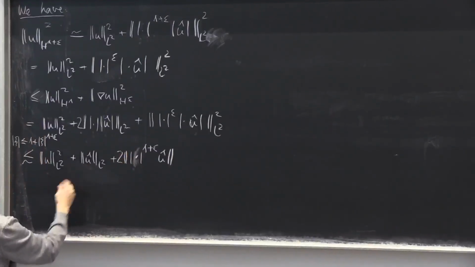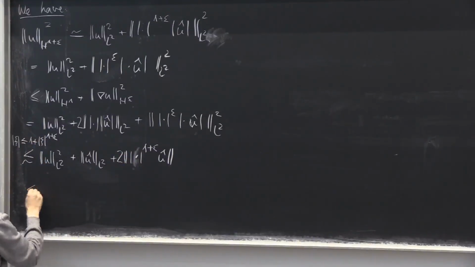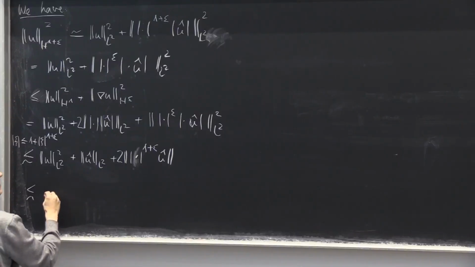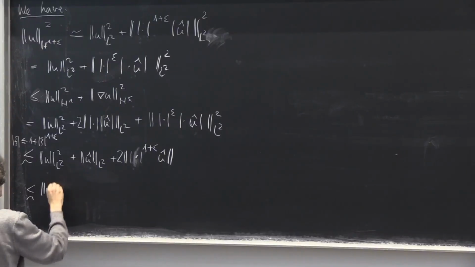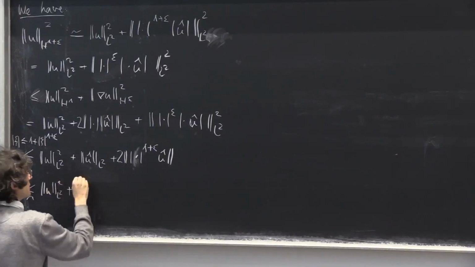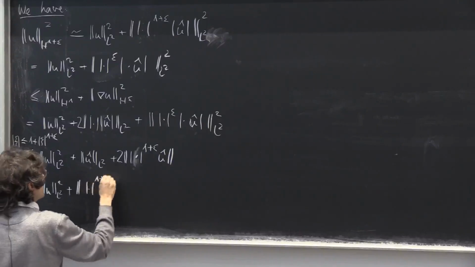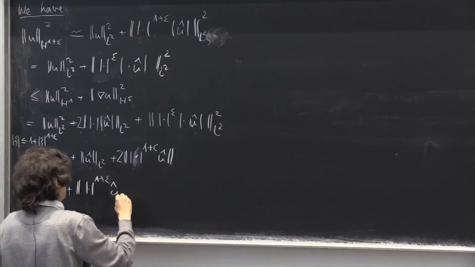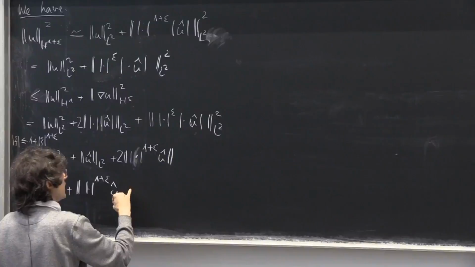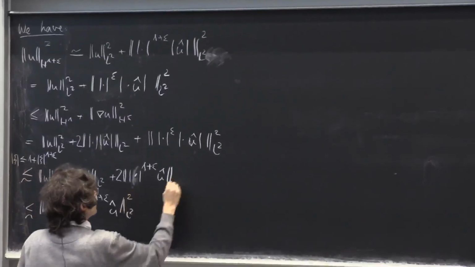Okay, these two are the same, so this is less or equal than u in the L2 norm squared plus modulus of 1 plus epsilon modulus of psi to the 1 plus epsilon u hat of psi in the L2 norm squared.